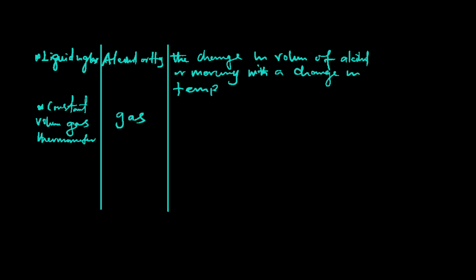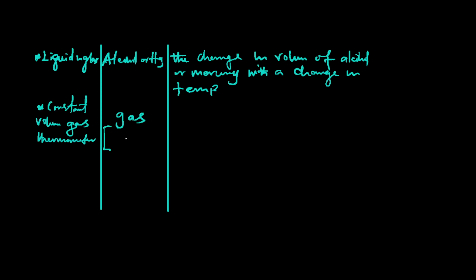What type of gas are we talking about? We're supposed to have what we call a perfect gas. But a perfect gas is not available in practice. There's nothing like a perfect gas in practice. Are we listening?